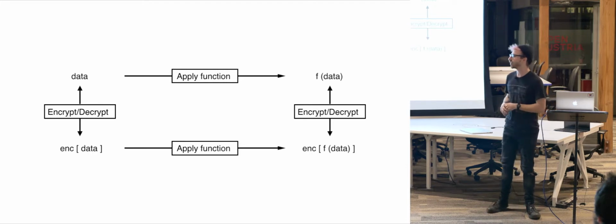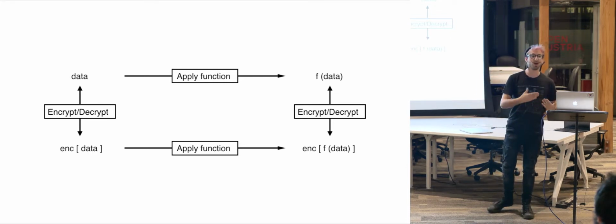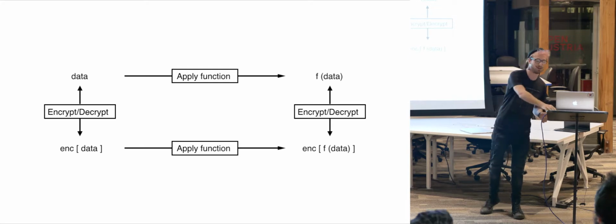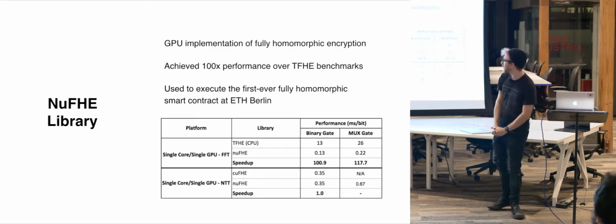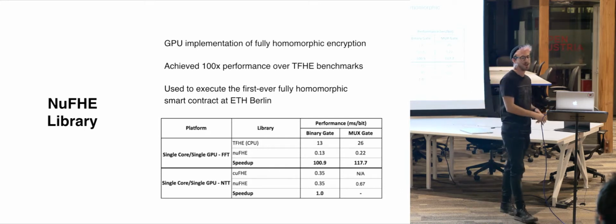Now, fully homomorphic encryption doesn't just apply to addition, obviously. It also applies to multiplication as well as logic gates. In our case, we have built a library called NuFHE, which is an implementation of TFHE, if you're familiar with any of those libraries.